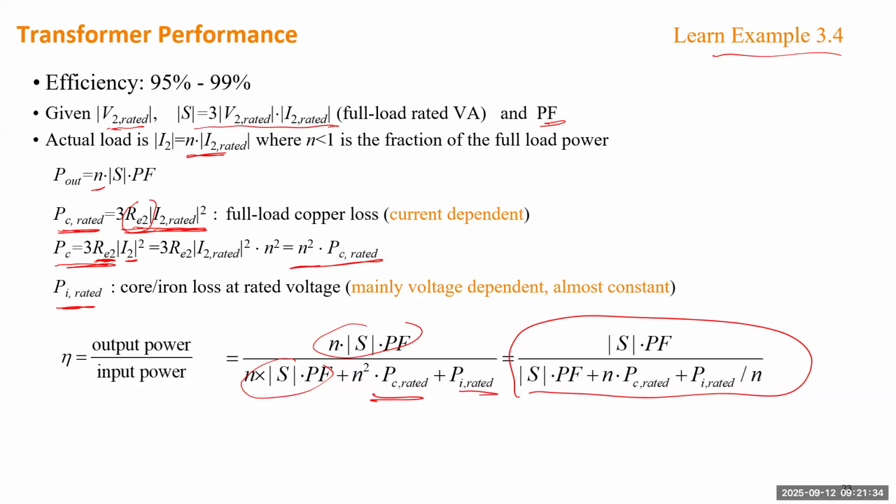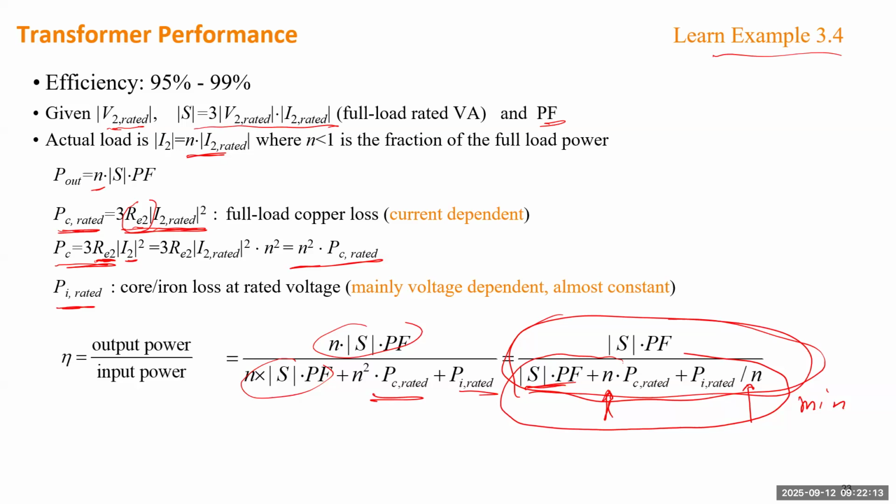If you want to figure out the highest efficiency the transformer can operate at, you want to maximize this expression, which is equivalent to minimizing the denominator. If the apparent power and power factor don't change, the only thing to change will be n, right? So n appears in the last two items, multiplying the copper loss and dividing the iron loss.